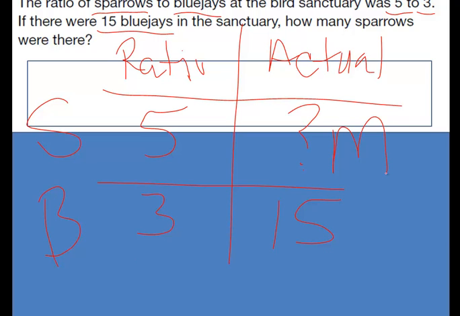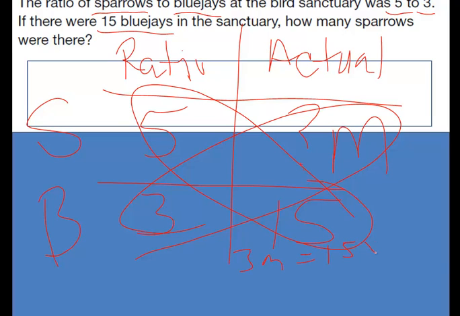Okay, so when we cross multiply, we have 3m equals 15 times 5. Then we divide by 3 and divide by 3.